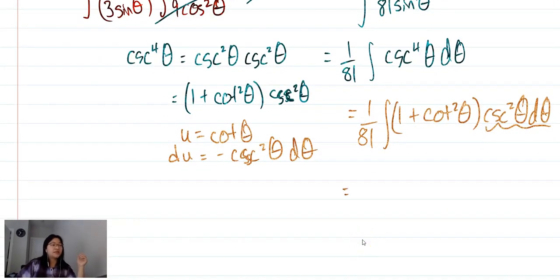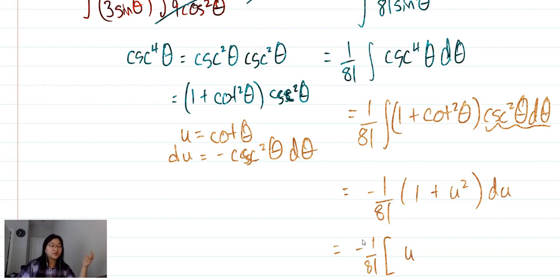So then we get, what is this? Negative 1 over 81 times the integral of 1 plus u squared du. And that's delightfully simple, that we get negative 1 over 81 times u plus u cubed over 3 plus c. And then u, we can get our cotangent back.